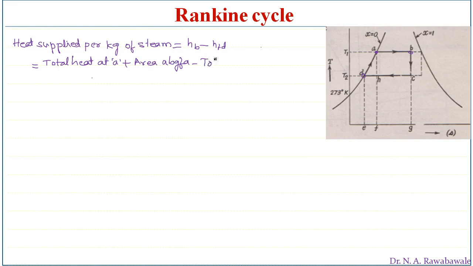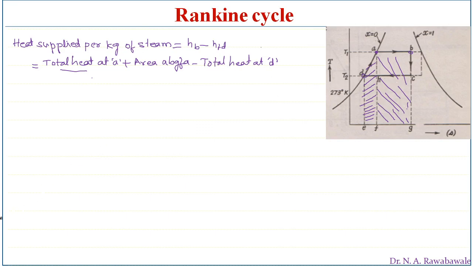So first we find this area, total heat at A plus area ABGFA, the complete area we take, and from this area, total heat at D, meaning this complete area, is subtracted.